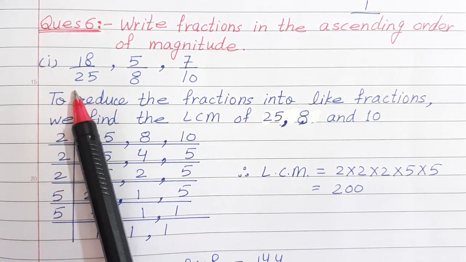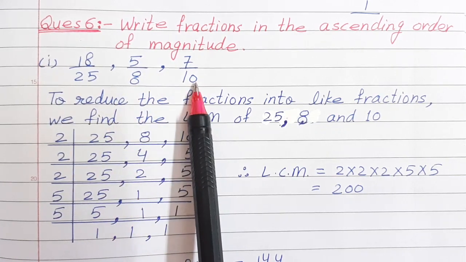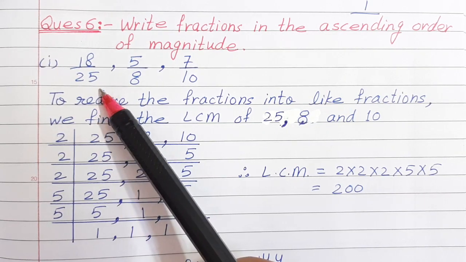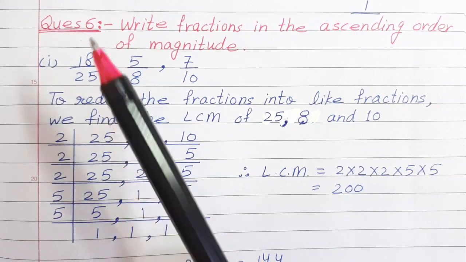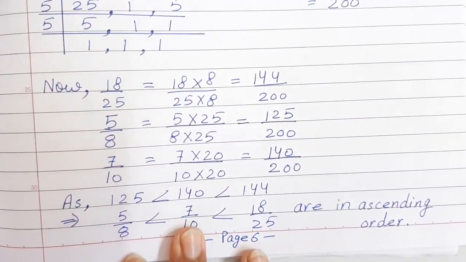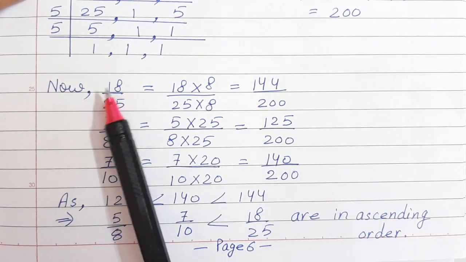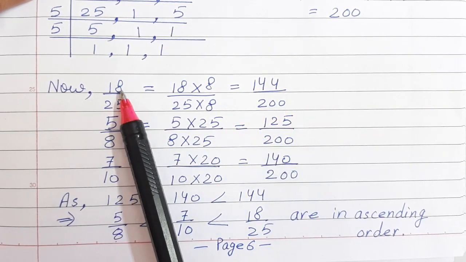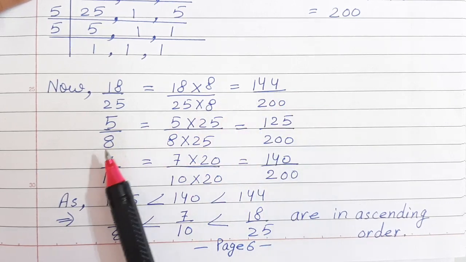Now we have to make all the denominators into 200. Now children, how many 25s are 200? 8 are. So we multiply 18 with 8. 25 8s are 200, so we multiply 18 also with 8, that is 144.